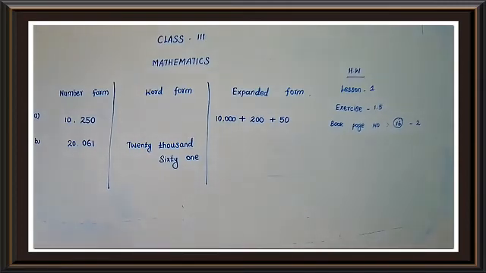Then see the third one. They are given the number form. Yes or no? They are given the number form. We want to write the word form and expanded form.